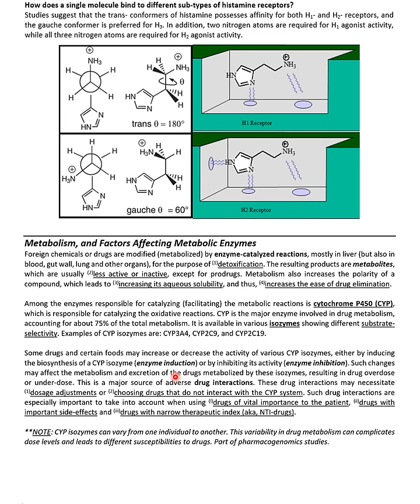Some drugs or certain foods might be able to either enhance or decrease the activity of these isozymes. Since these isozymes are responsible for metabolism, as you can imagine, if we increase the activity of these enzymes, then more of the drug will be metabolized, so the effect of that drug will be reduced.